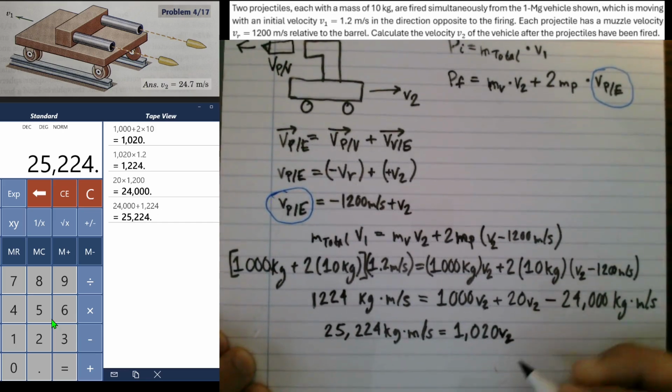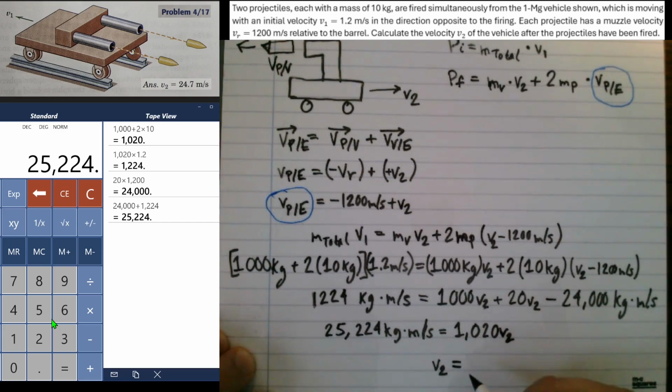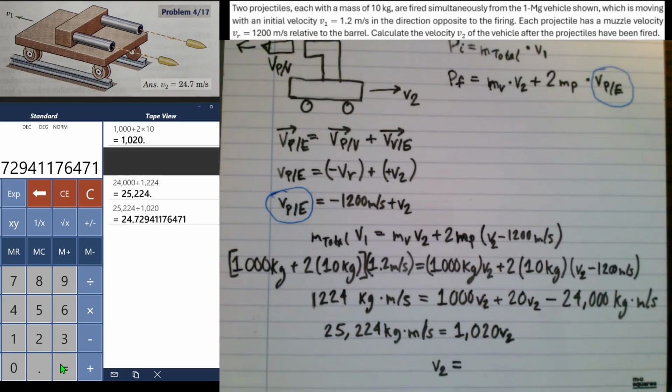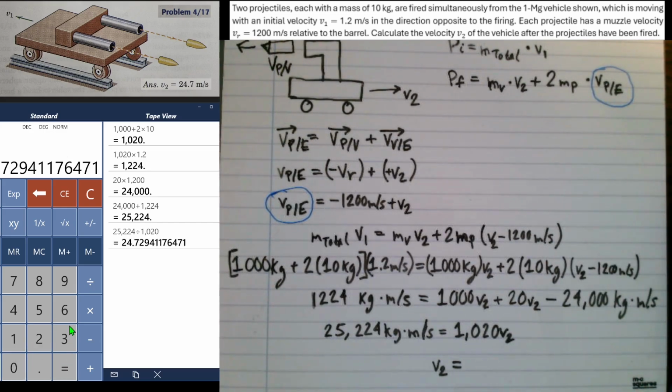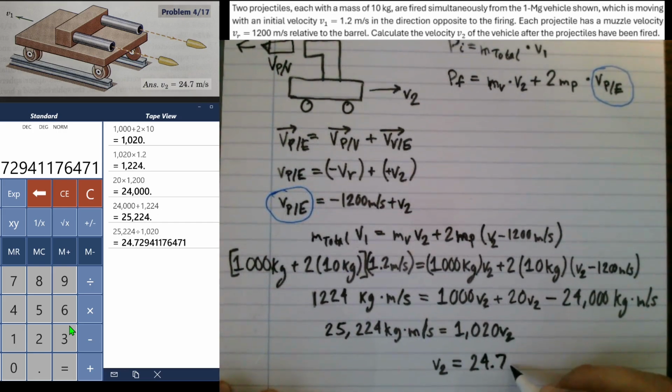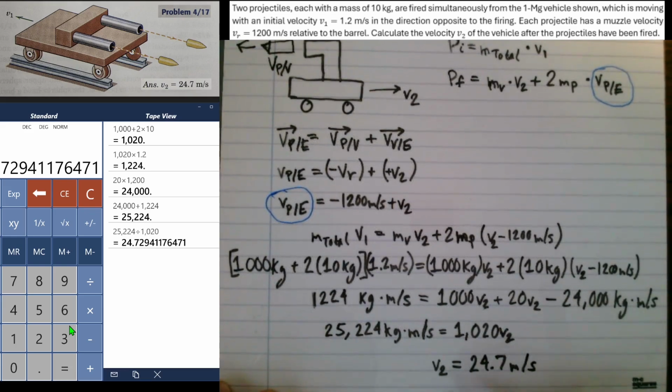Dividing by 1,020, our final velocity of the vehicle after it's launched the projectiles is going to be 24.7 meters per second. So a very much larger speed than it initially had before firing the projectiles.